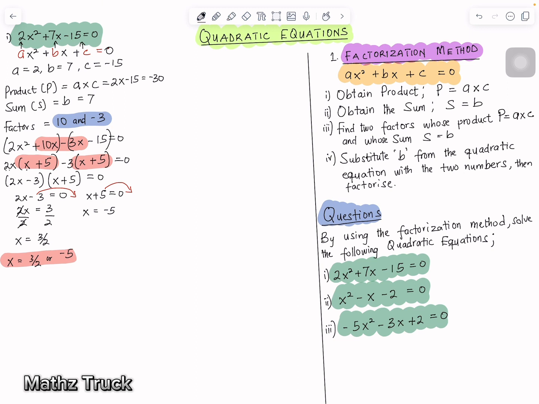The second question, we have x squared minus x minus 2 equals 0.